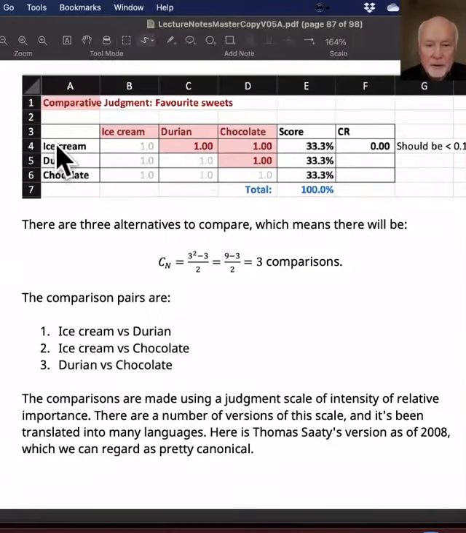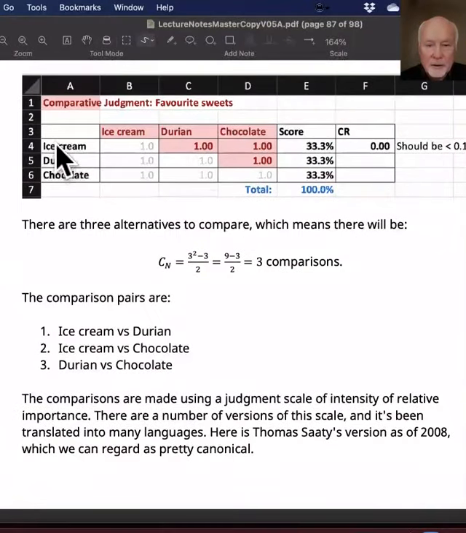And then the final one I have to take care of is the durian versus chocolate. What I say here is durian is weakly or slightly preferred over chocolate. Weakly or slight is an intensity of 2.